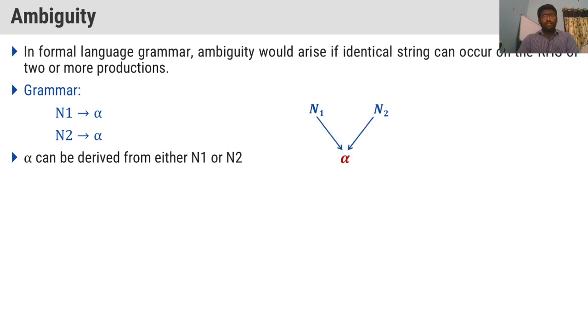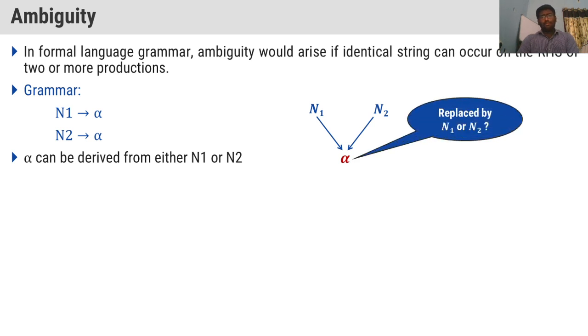So that is why we are getting confusion here. Which non-terminal do I need to replace here, N1 or N2? So when two productions are generating the same terminal, then I will have ambiguity.